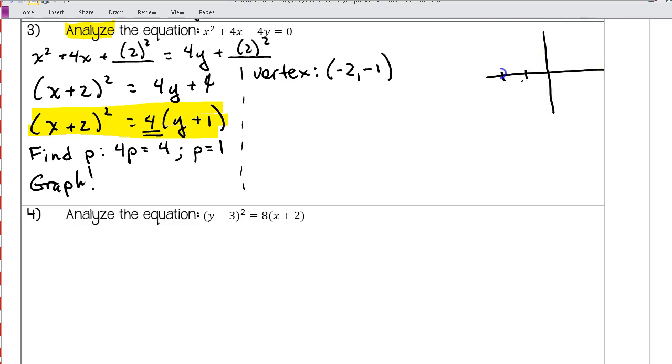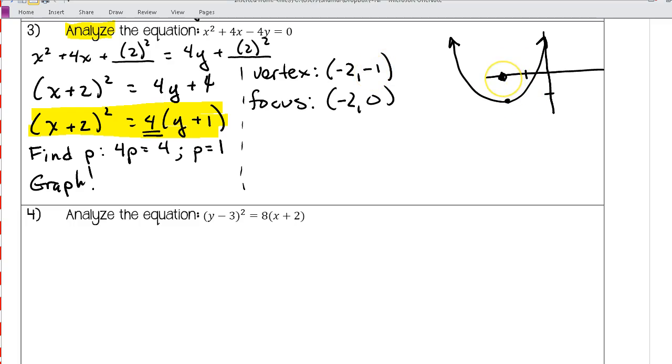So -2, -1, and p is positive and x is squared, so I know it's going to open up. Okay, and once I have this, I know that p is 1, so I'm going to go 1 unit up to locate my focus, and I'm just going to pull that point right off the graph so I can see that I'm at -2, 0. I went up from -1, 1 unit.